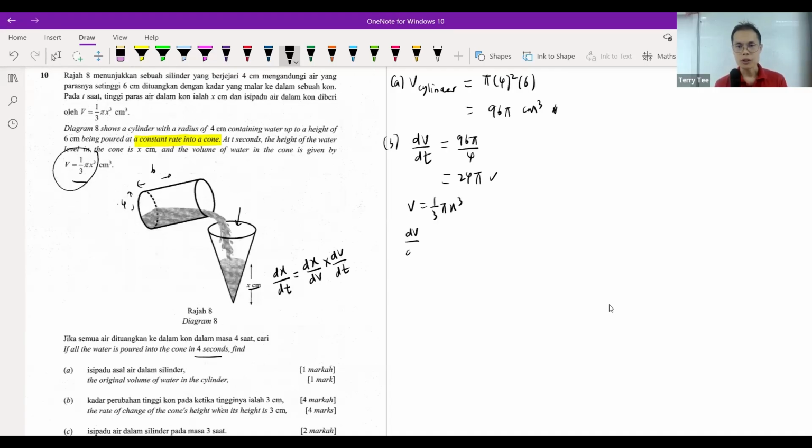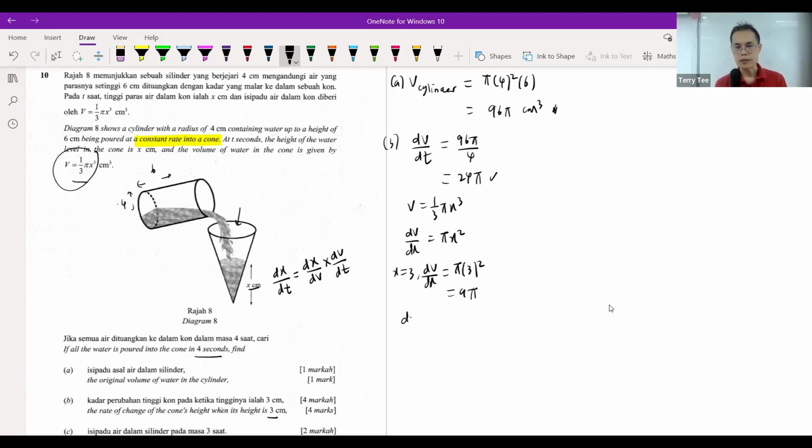So when I differentiate, dV/dx, I get pi x squared. Then I have to substitute the x value when the height is 3. So x equals 3, your dV/dx will be pi times 3 squared, which gives us 9 pi.